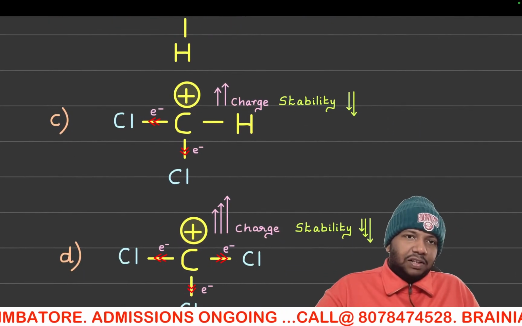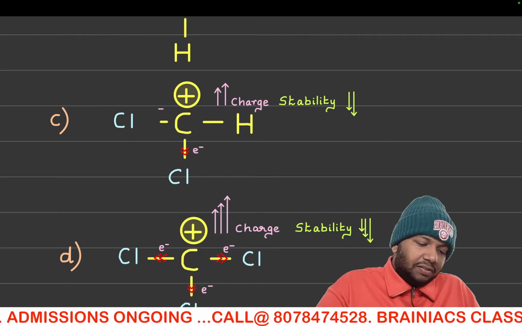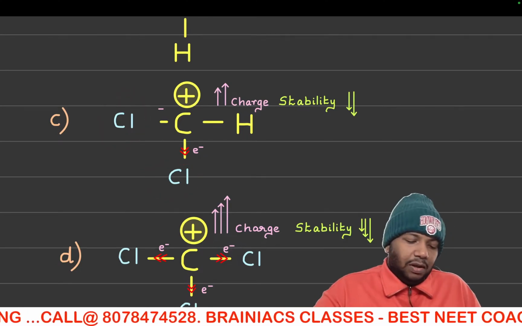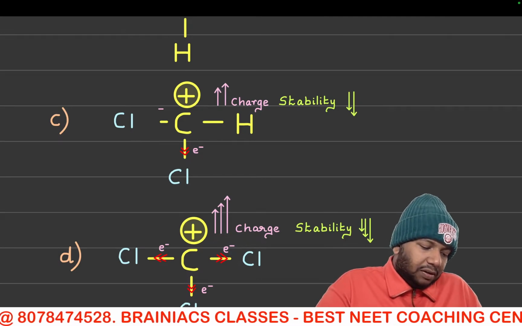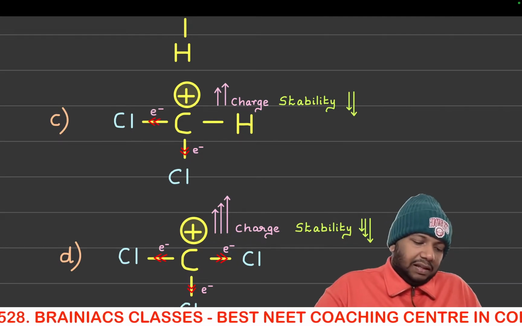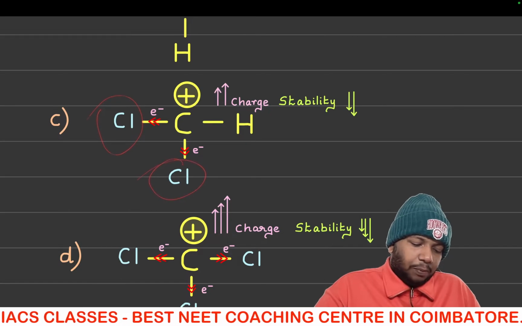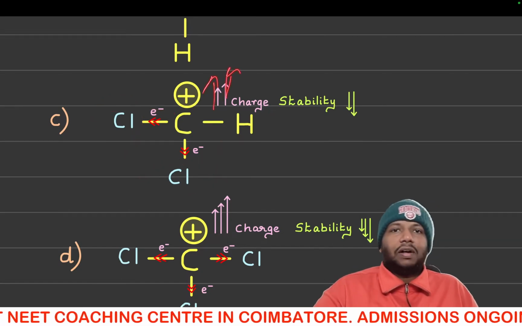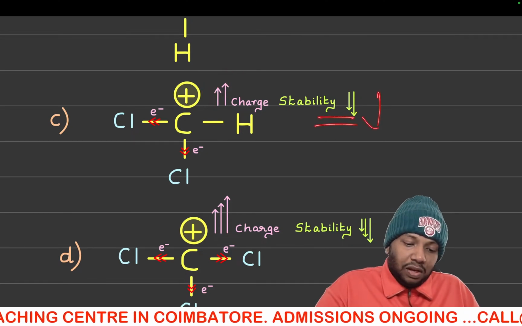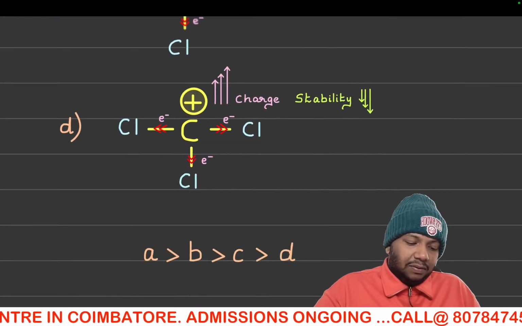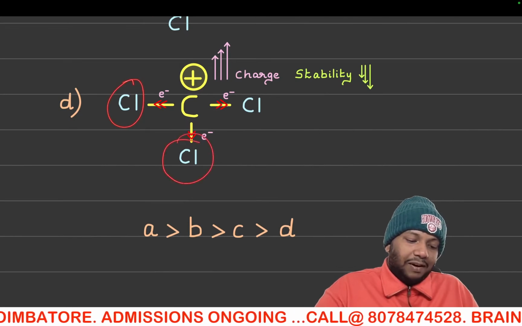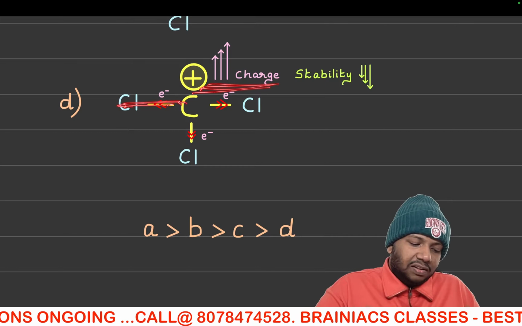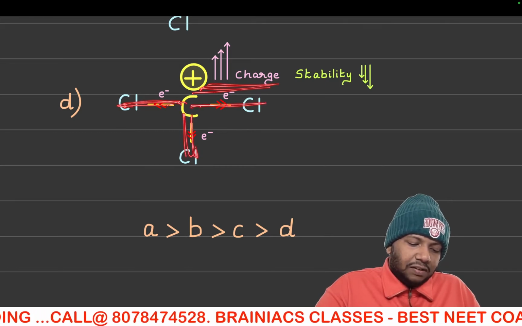Now here in this structure you can see two chlorine atoms are doing the same thing. So what will happen again? I can easily say two chlorine atoms are pulling the electrons in this direction, so the positive charge would increase very fast here, so stability will decrease very fast here. In the third one, you can see three chlorine atoms are pulling the electrons, so the charge would increase very fast because electrons are moving in this direction, meaning the deficiency is increasing here.